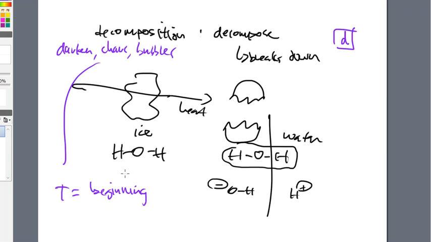And the proper definition of decomposition for the USPNF is we are going to record the beginning temperature of when this magic begins to happen. All right, so that's one of the things that we're going to take away from this discussion.